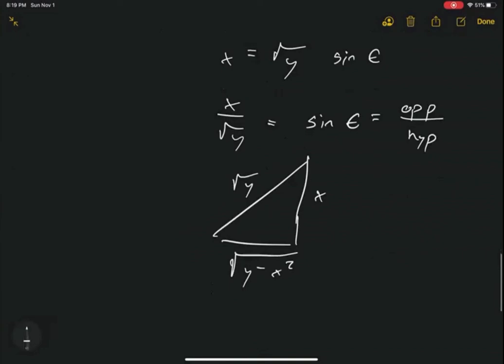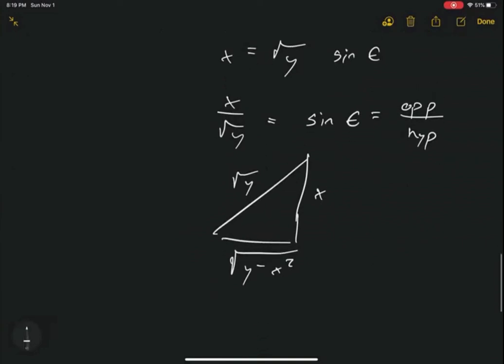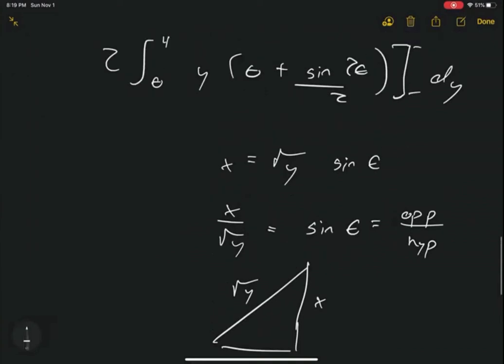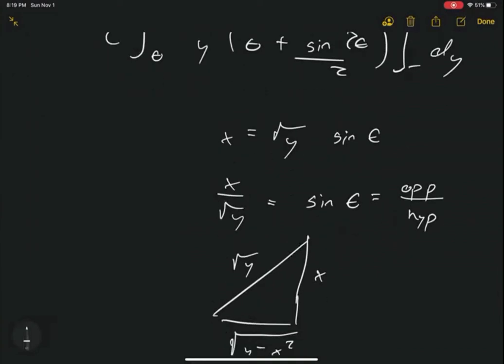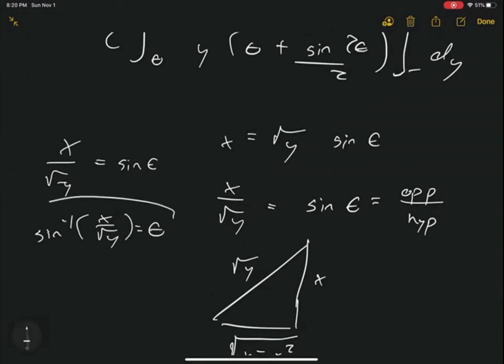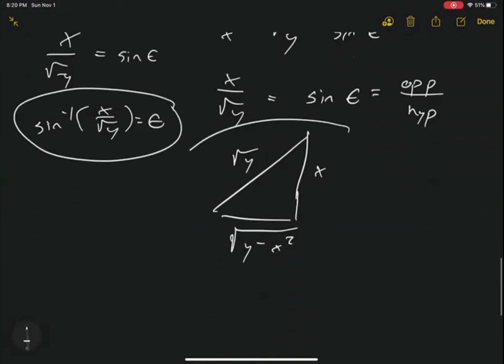All right, so I got a triangle. And then I have the fact that if x equals square root of y sine theta, then x over square root of y equals sine theta. And so sine inverse of x over square root of y equals theta. So let's look at this and let's look at our triangle.